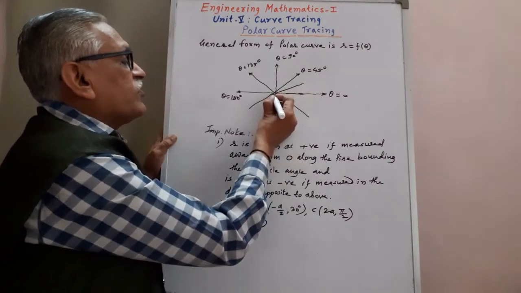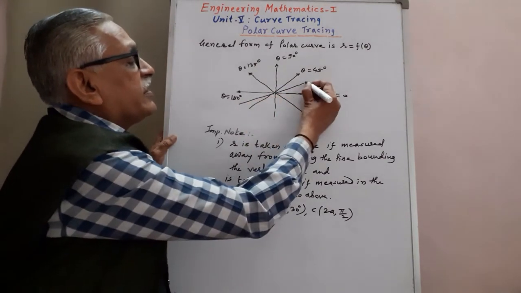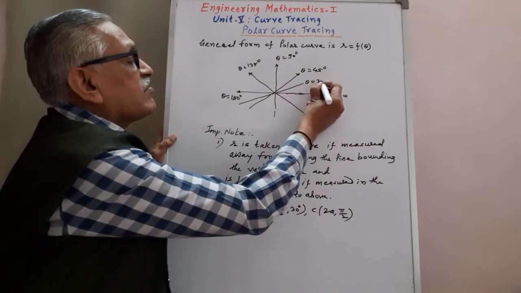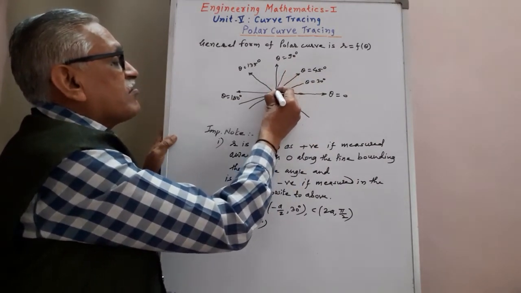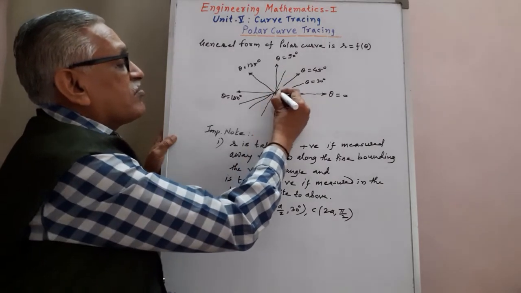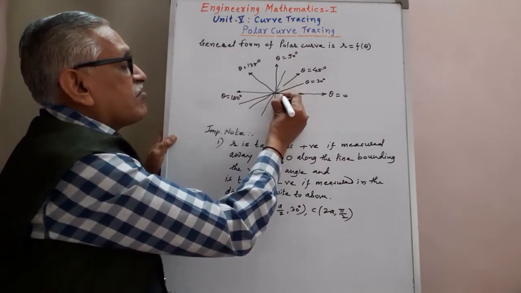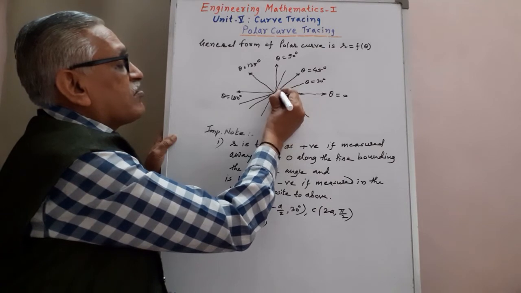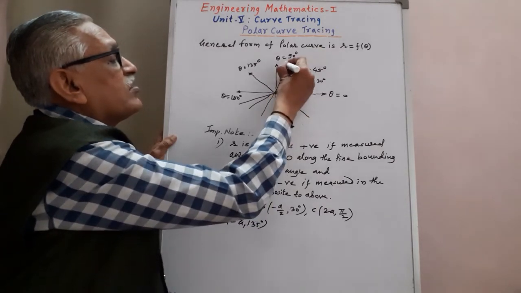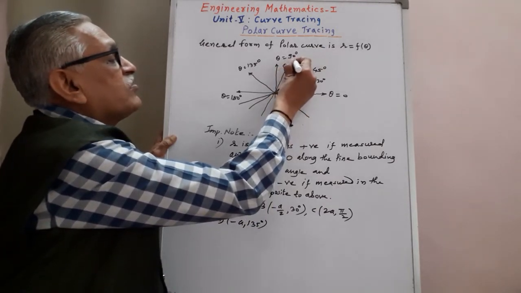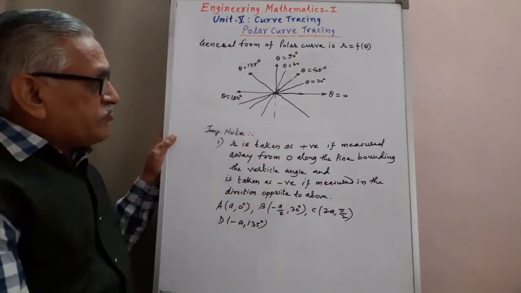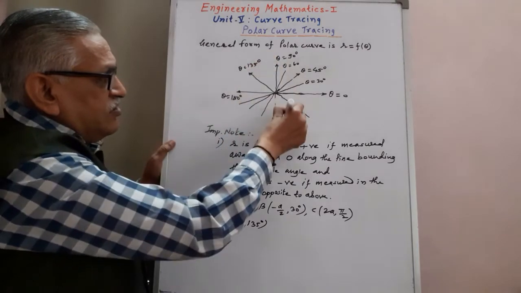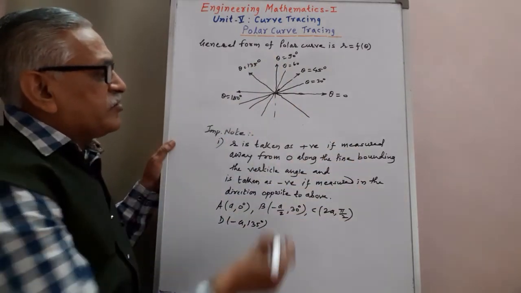This is for theta equals 30 degree, theta equals 60 degree, and here 120 and 150.